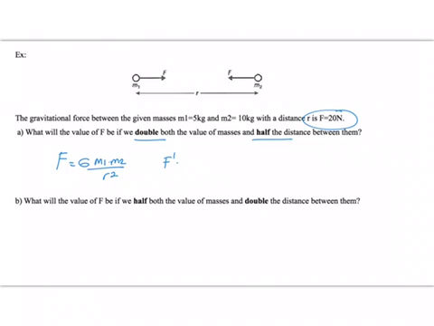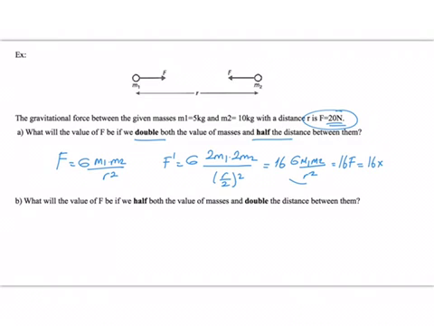The new force is equal to G times double the masses, 2m1 times 2m2, over half the distance, so (r over 2) squared, which is equal to 16 G m1 m2 over r squared. So you see that this is 16 times the initial one. So as F is equal to 20, 16 times 20 is equal to 320 Newtons.